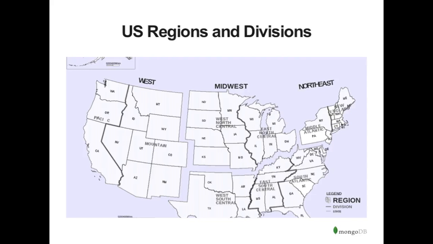So just a little bit of background on how the United States government organizes the states into regions and divisions, because that is going to be the way that we are going to use this information as part of our queries. So in the United States, the states are broken up into regions, West, Midwest, Northeast, and then South. And then each region is broken up into divisions.